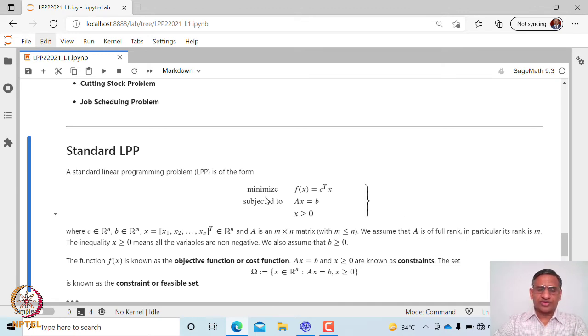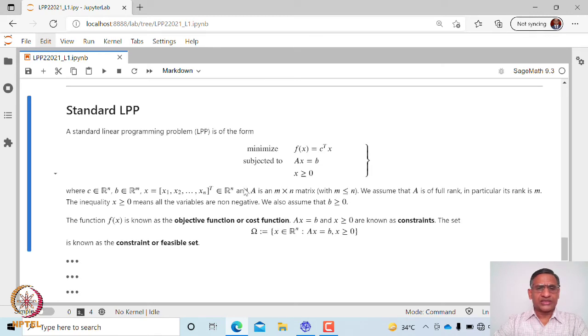So this we will call the standard linear programming problem. What is it? It is of minimization type. It is subject to equality constraints, where all the right hand sides are non-negative and all design variables x1, x2, ..., xn are greater than or equal to 0, and also A is a full rank matrix. So this is going to be the assumption.